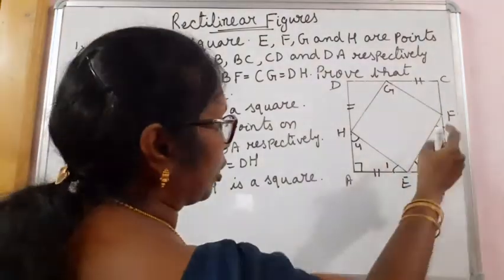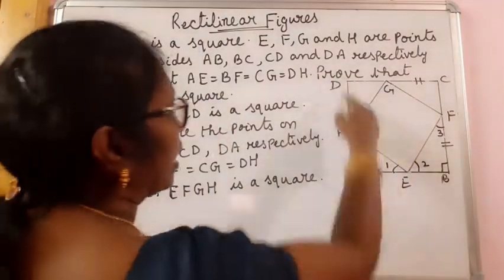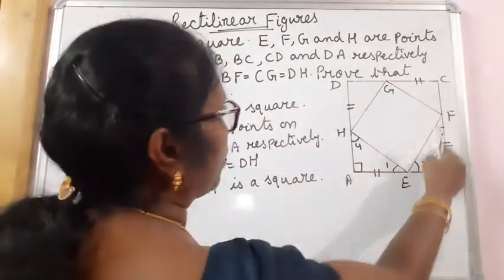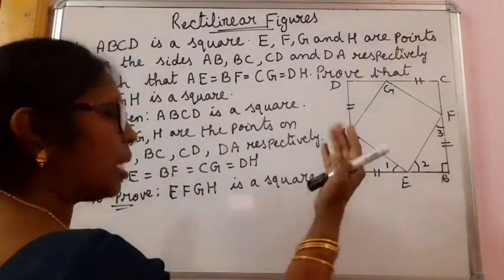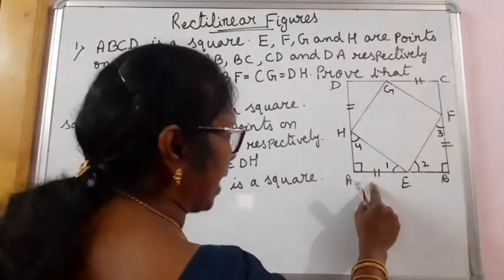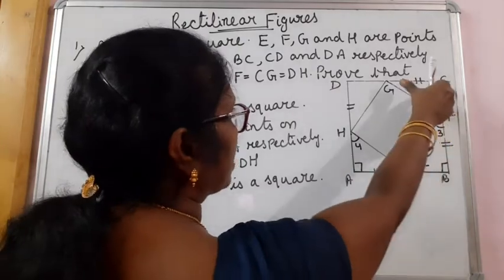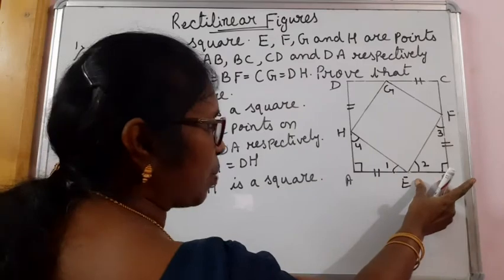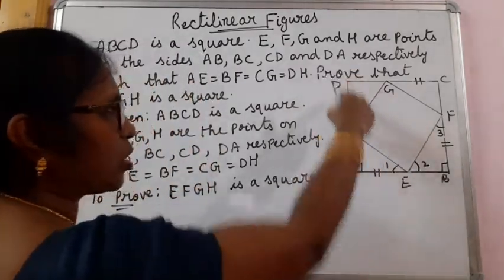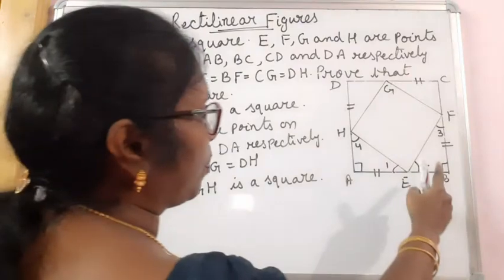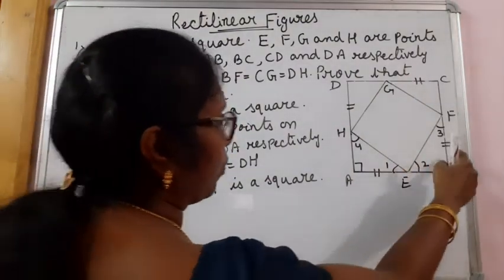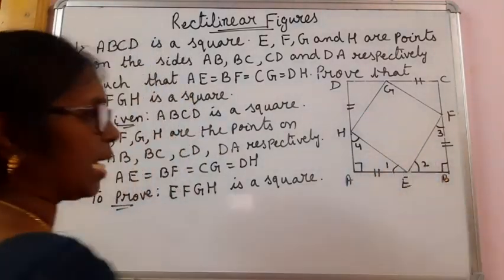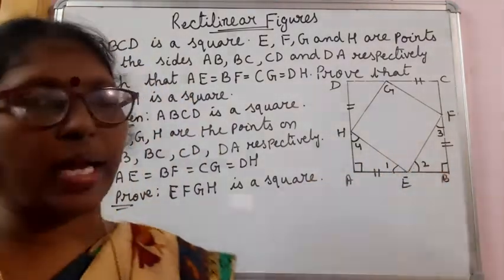If we take AE, BF, CG, DH as X, and the side as S, BE will be S minus X. Same way AH also S minus X. So AH will be equal to BE, AE will be equal to BF. This is 90 degrees, this is 90 degrees. Under the SAS condition, we can make these two triangles congruent.